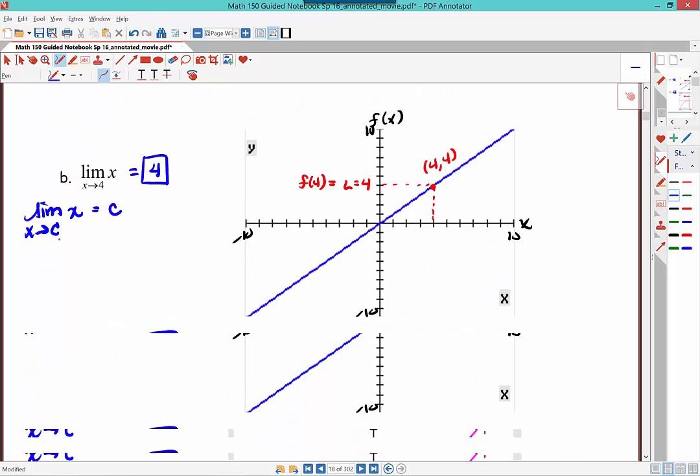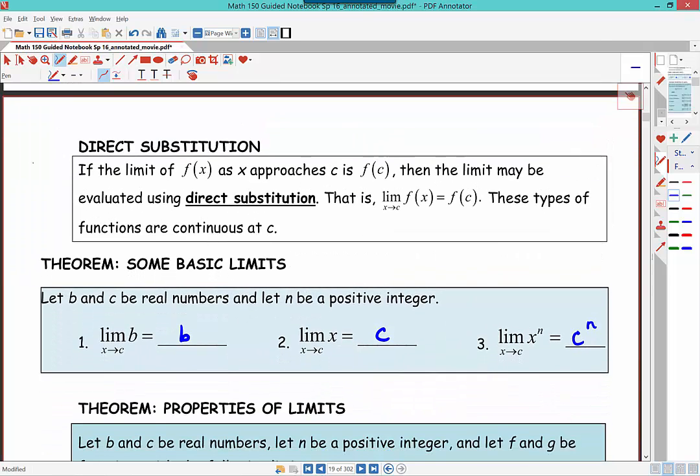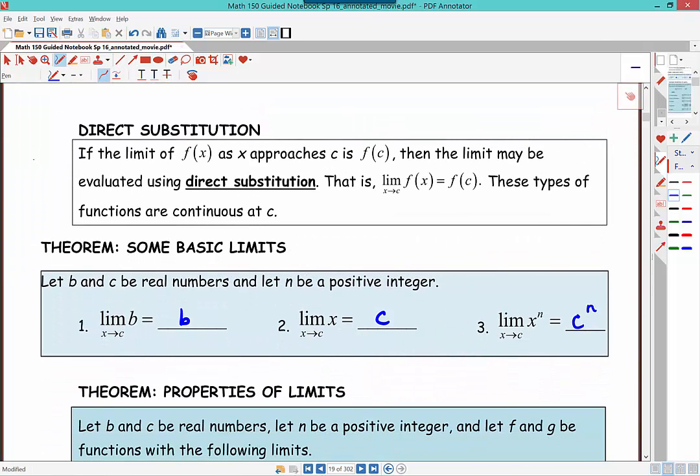Groovy? Okay, so now coming over here, it turns out that you should always use something called direct substitution first to see if it works, all right? And so basically, if the limit of your function as x approaches c is the same as f at c, then you can use direct substitution.